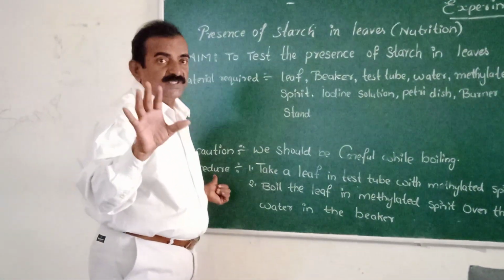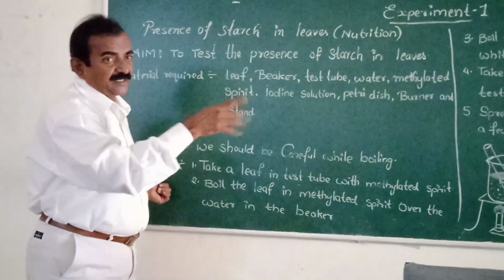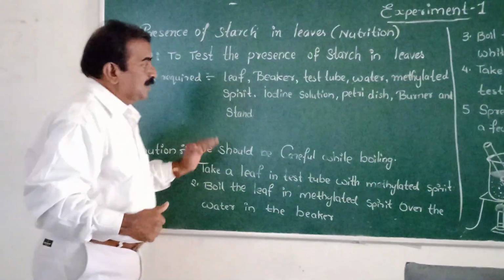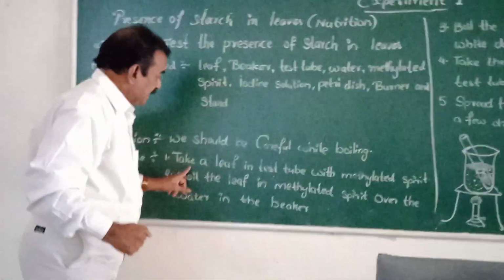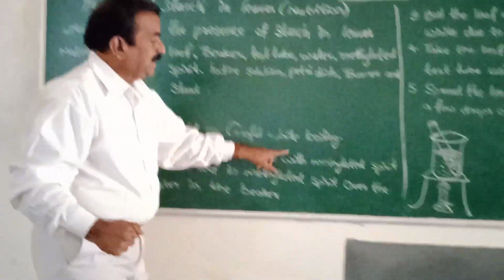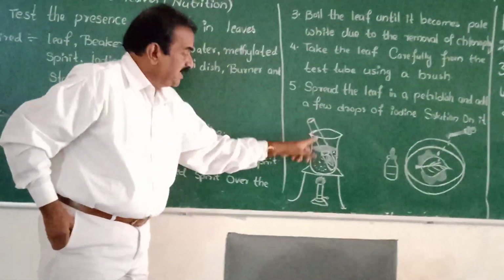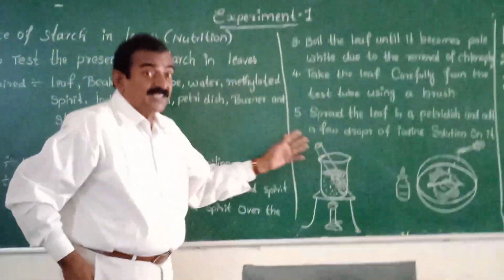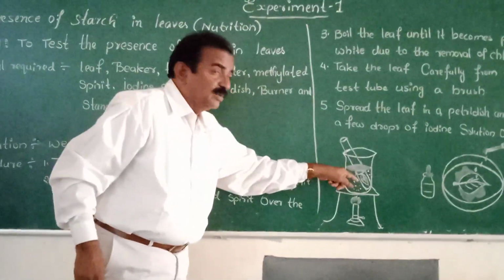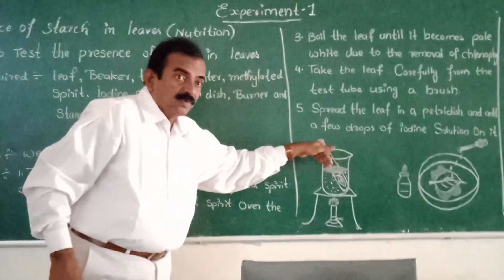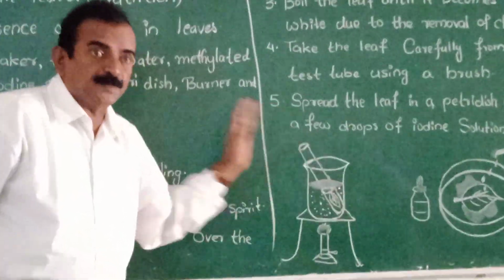What procedure do we need to follow while doing this activity? Now I am telling. First we take a leaf in a test tube with methylated spirit. In the test tube there is methylated spirit, and we need to put the leaf in the methylated spirit.